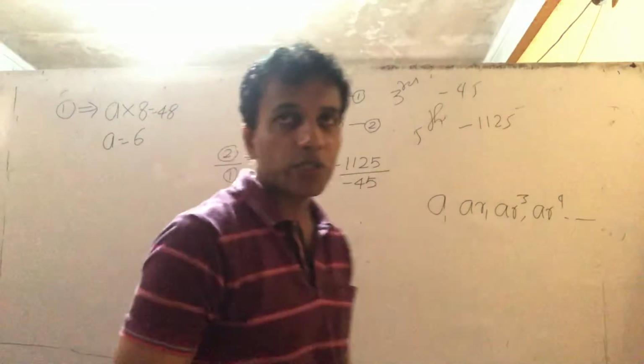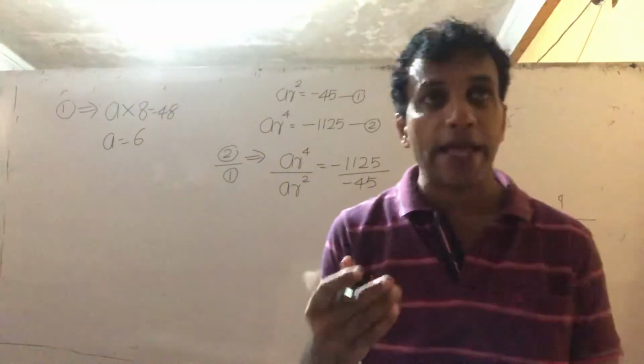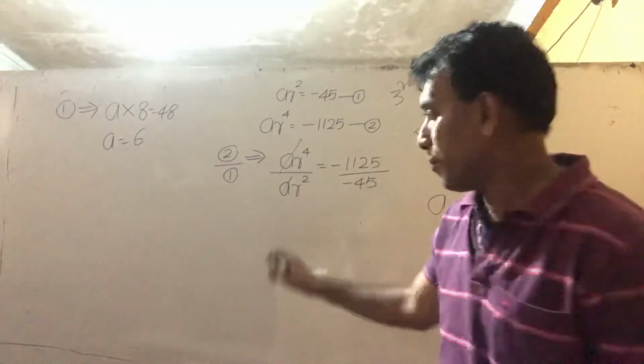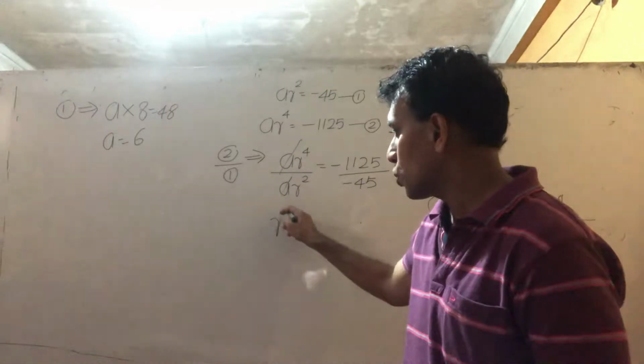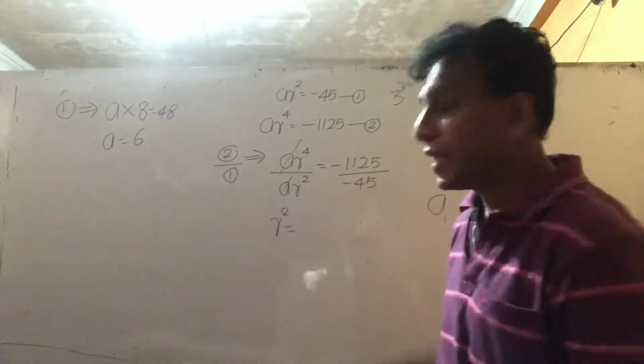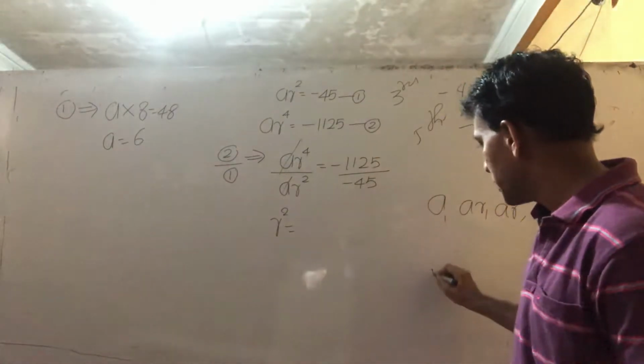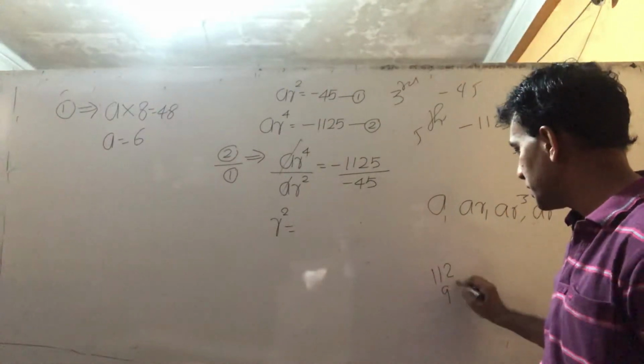The main purpose of dividing is that a cancels. So what is r square? Here the minus cancels. Can we divide by 90? How many times? 1125 over 90.